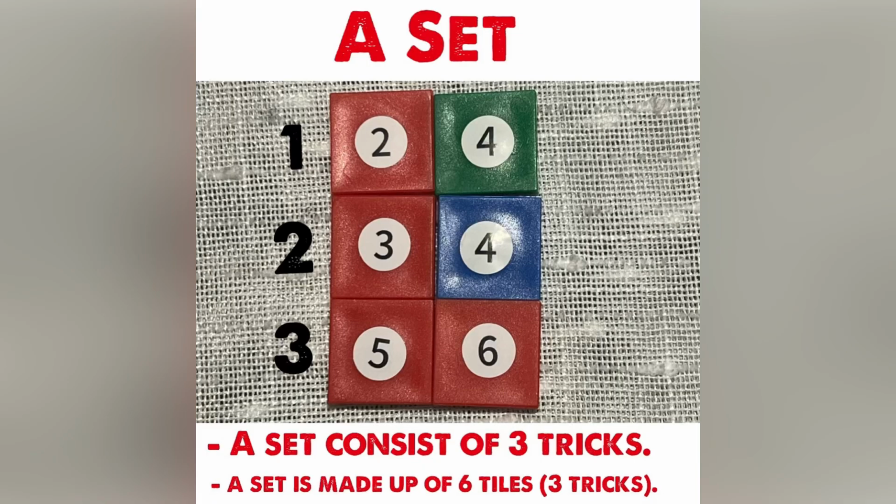Remember how each turn a player pulls out 6 tiles from the game bag and breaks them down into tricks? Well, as each trick is played, it is put off to a side and organized into what is called a set. A set consists of 3 tricks. After each set has been played, players will draw a new set of tiles from the game bag a total of 4 times.